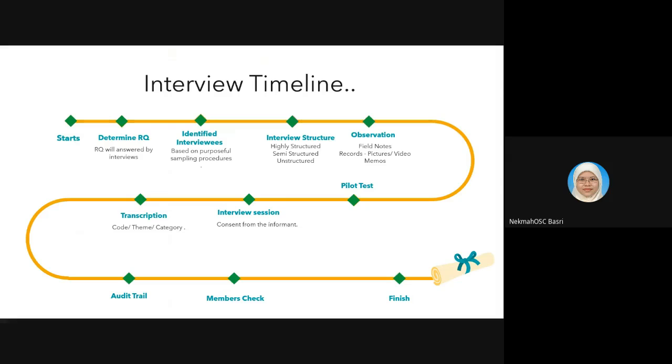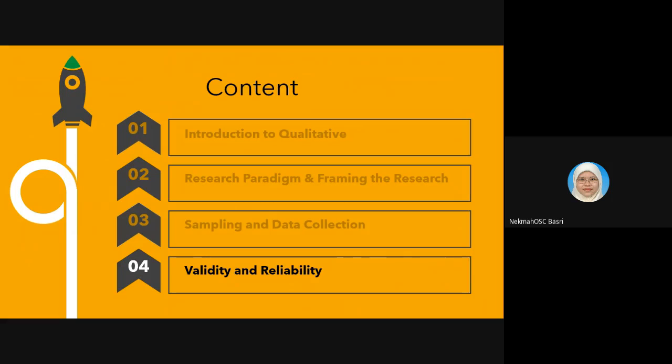And member check: after we interview, we do the codes and the themes, we call back the informant about the interview and whether he or she agrees with the codes made during the transcription, and then it's finished. And then finally, validity and reliability.